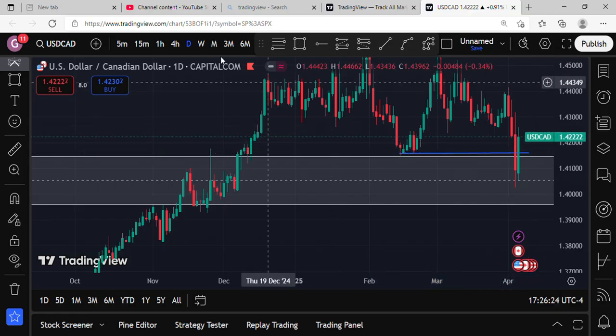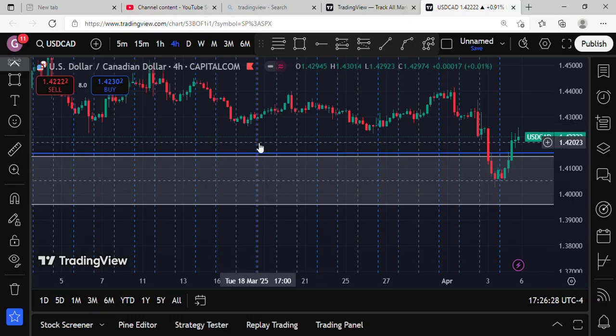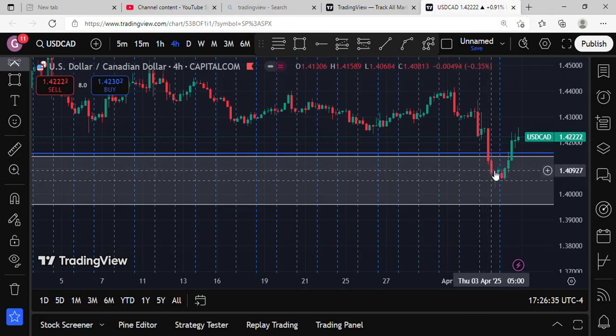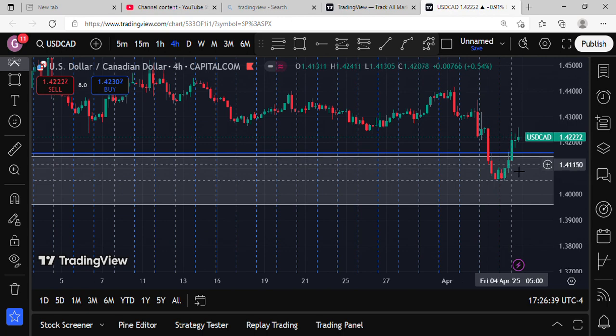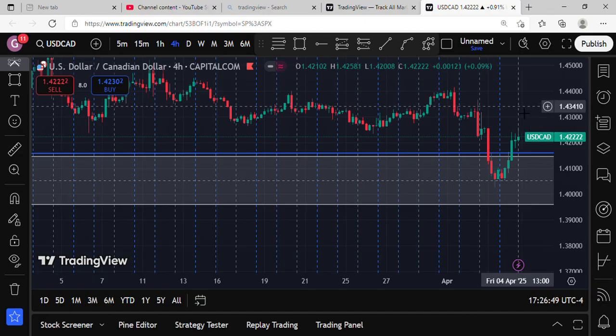So back into the 4-hour chart, we swept liquidity here where this blue line is. Going into this, we had a sharp move, fair value gap into the PD array, fair value gap out of the PD array. We've also formed another fair value gap right here. Ideally, what I would like to see is that price retraces into this fair value gap, and then we move up.